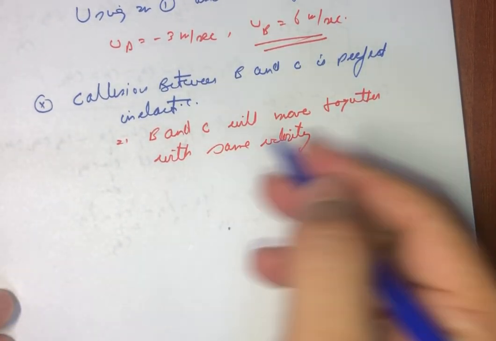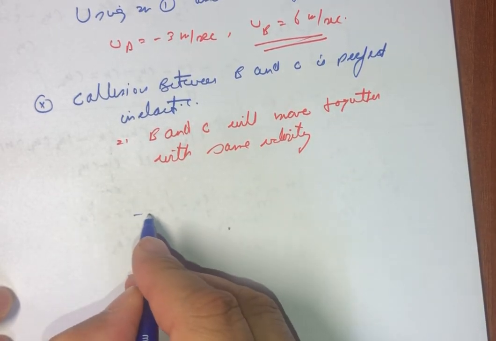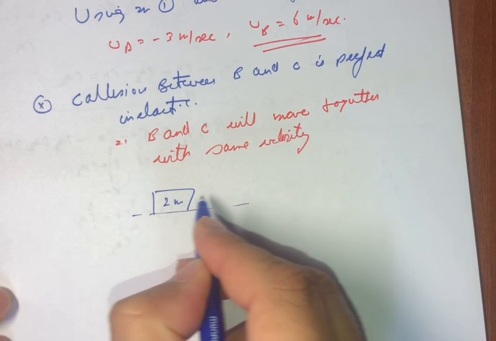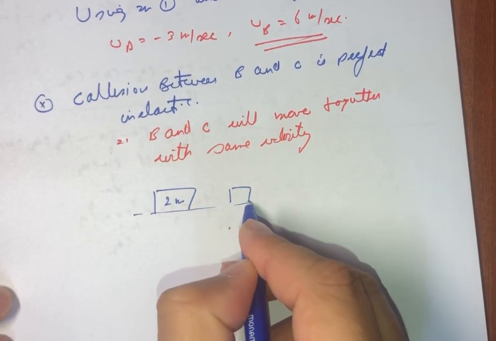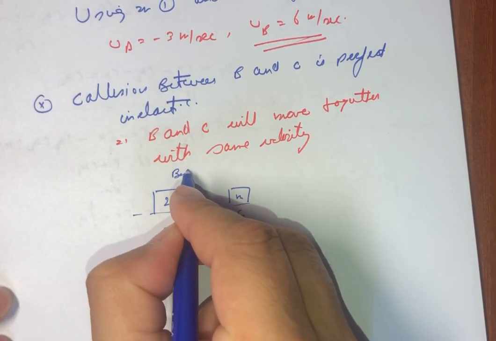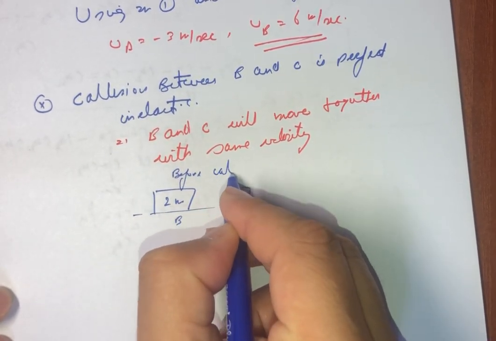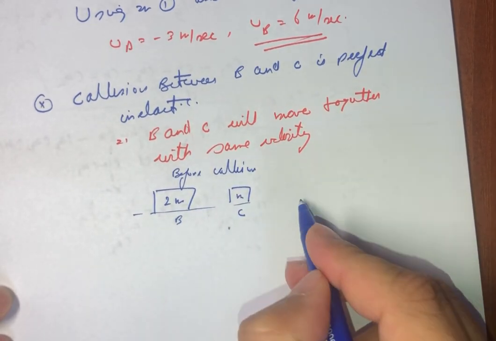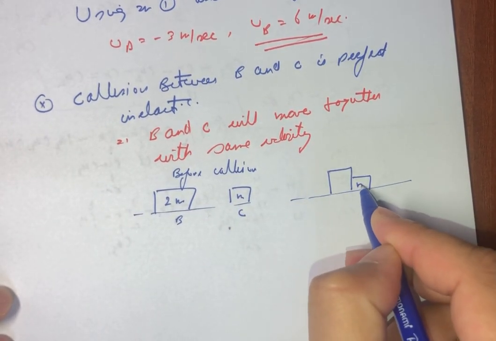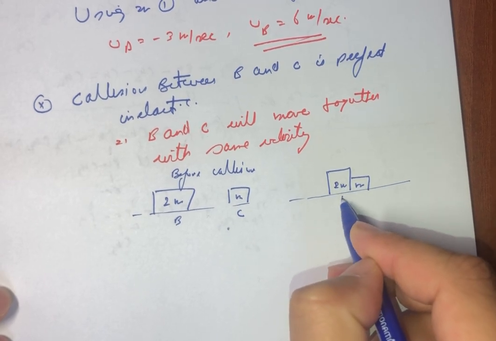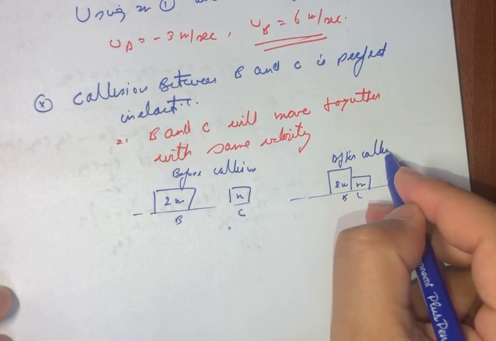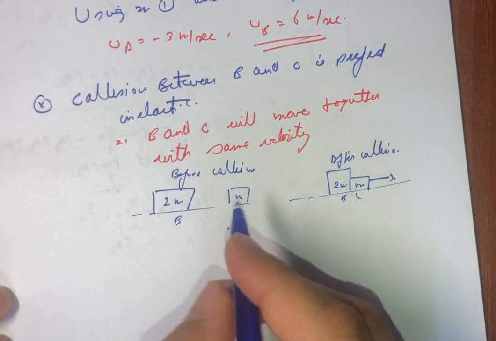So we can draw a figure also. This is 2m and we have m. This is block B and C. We have this as before collision and this as after collision. They are going to move together. So B and C after collision.